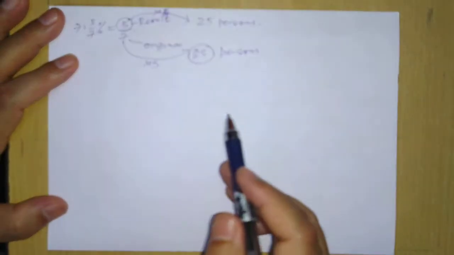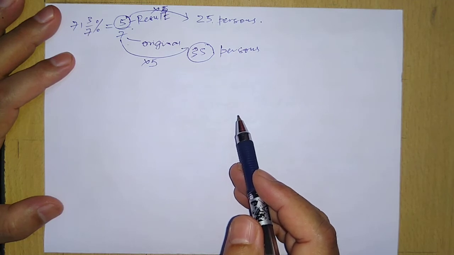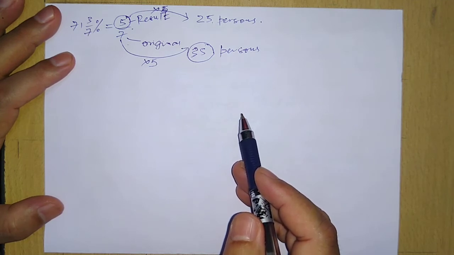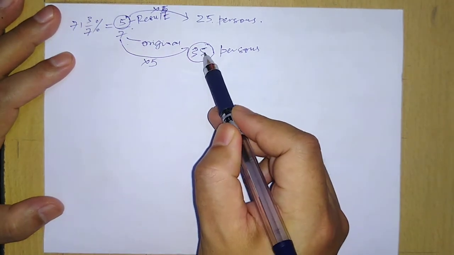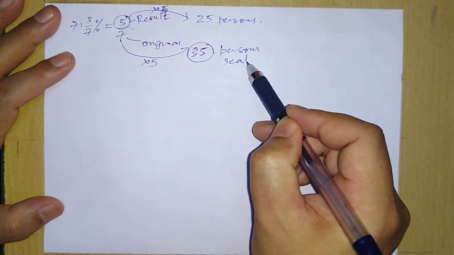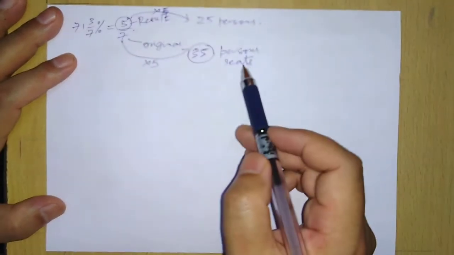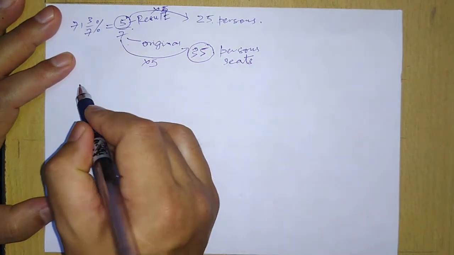35. Now in this question it says, in a train there are as many wagons as there are number of seats in each wagon. So 35 seats are there. This is the capacity, persons or seats. And it says the number of wagons is equal to the number of seats.